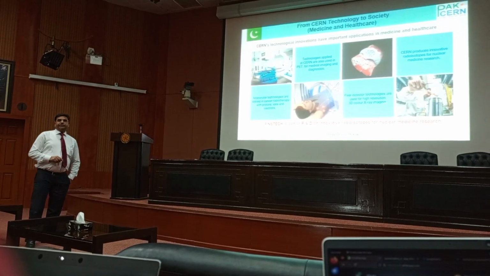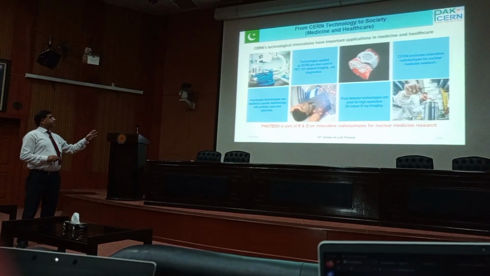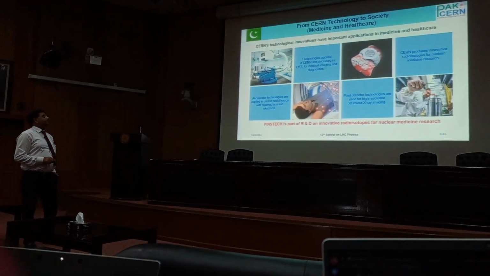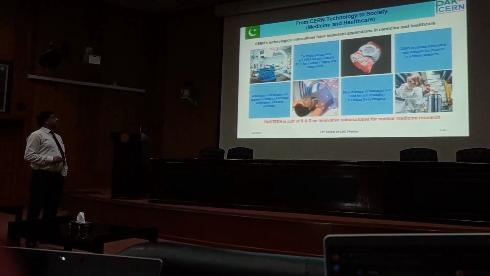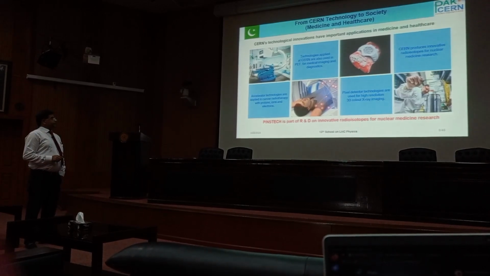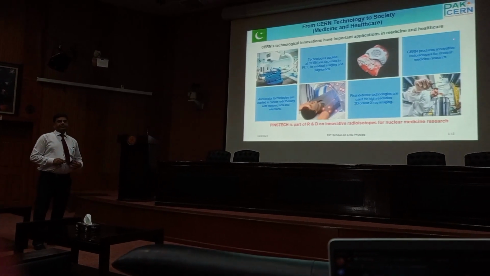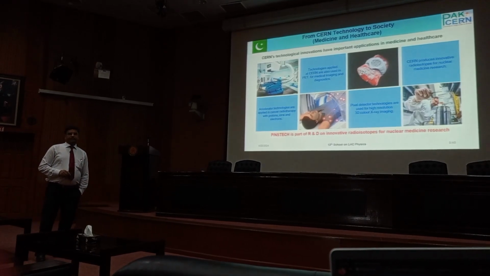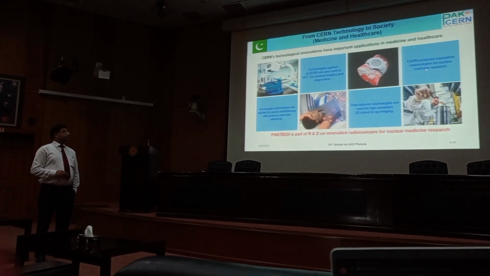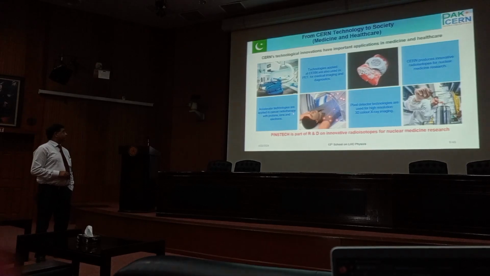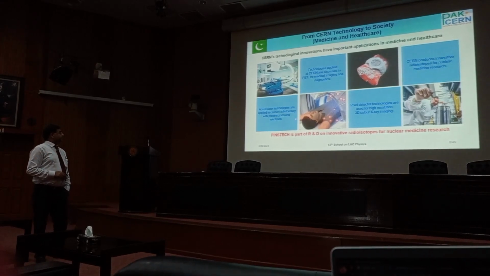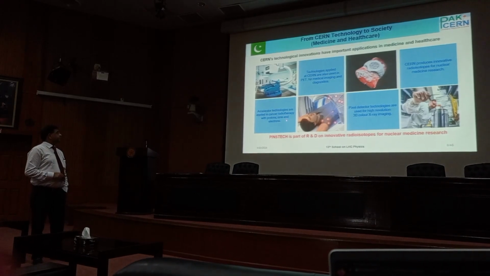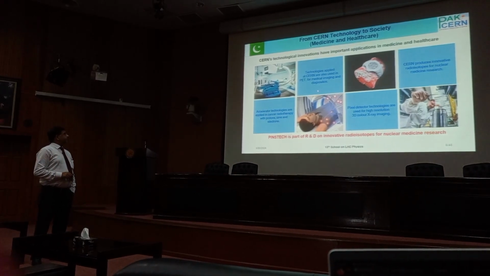So it has many applications. I will mention just one slide because you are already familiar with basic research. CERN is not only contributing to basic sciences, but also to applied sciences and to areas that are useful to society, like accelerator and detector technology used for radiotherapy with protons, ions, and electrons.